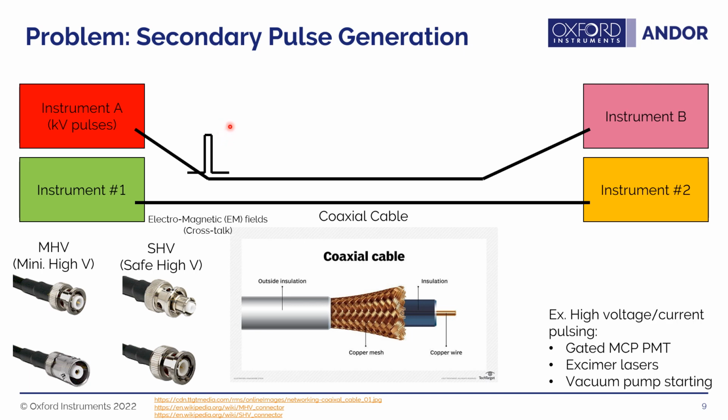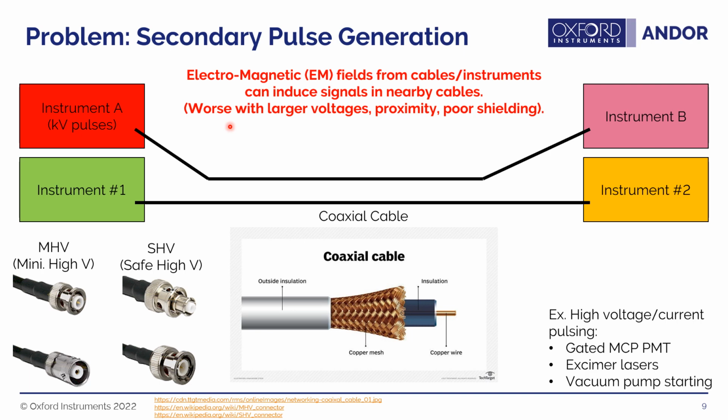And in a case like this, there are electromagnetic fields that are generated around cables, and they're much larger when you have a high voltage pulse traveling through the cable. And so that can induce an electrical signal in the other cable when it's right next to it. And you can see that it generates a secondary pulse traveling towards instrument 2.